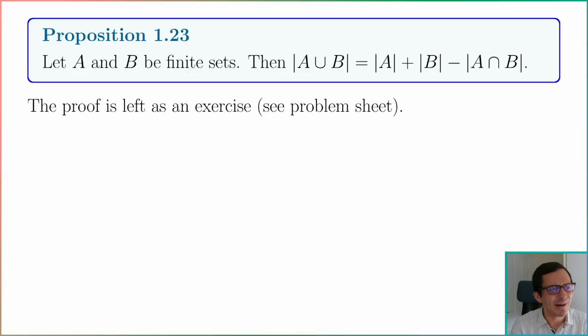We should probably not think about statements like that for infinite sets, in which case we're adding and subtracting infinities, which does not feel like something we should be doing. Anyway, I wanted to put this on the screen because, as well as being on the exercise sheet, it's also a good fact.